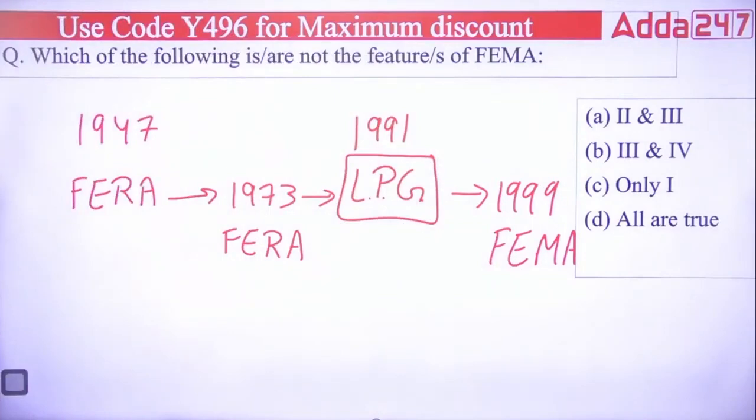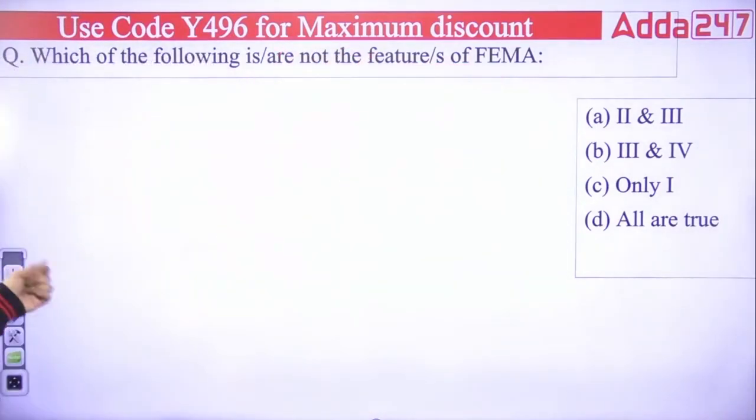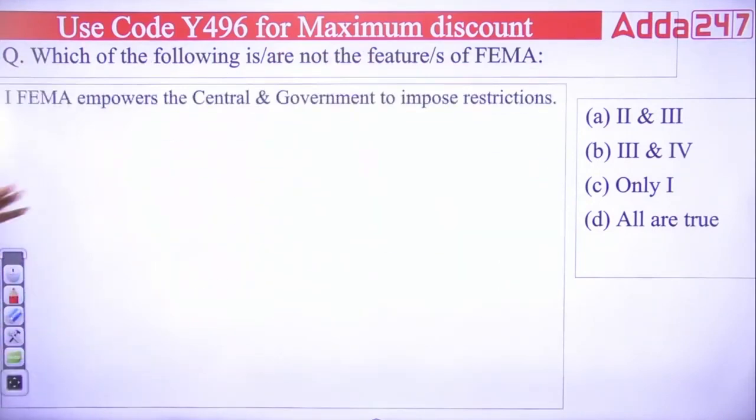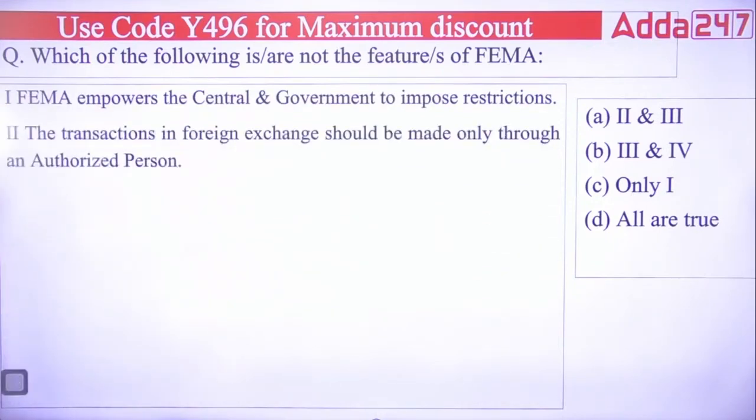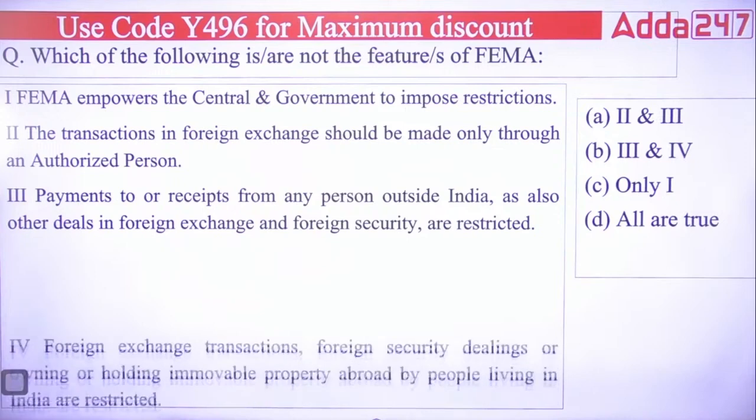Okay, so now you have to answer which of the following is not the feature of the FEMA Act. First is saying FEMA empowers the central government to impose restriction. Second, the transaction in foreign exchange should be made only through an authorized person. Payment to or receipt from any person outside India, as also other deals in foreign exchange and foreign security, are restricted.